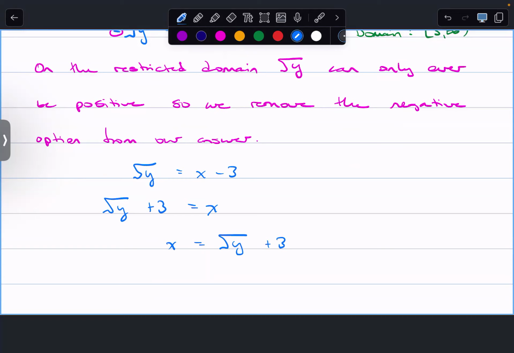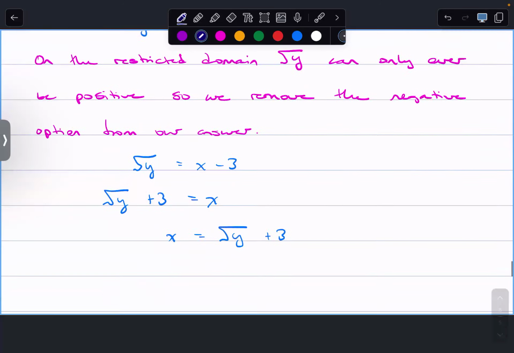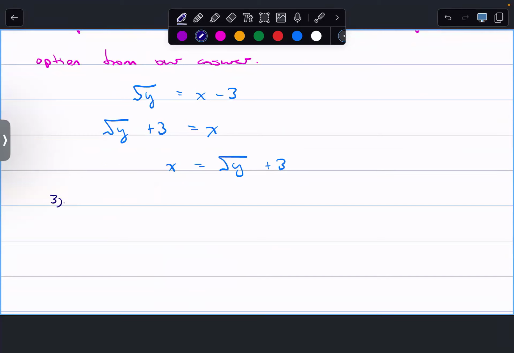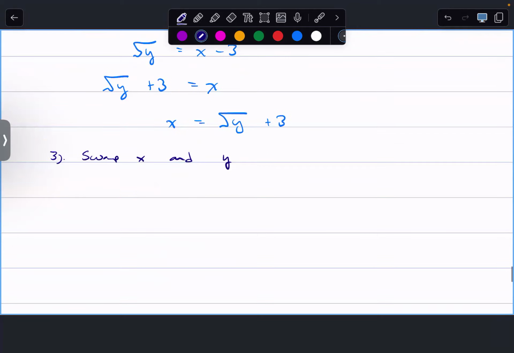And then, so now we do the sneaky step where we swap x and y. So y is the root of x plus 3. Notice the plus 3 is outside the root. So if I'm doing this properly, I should have a little hook on my root just to indicate that, hey, this 3 is outside this root.